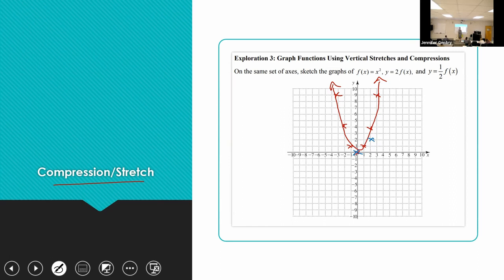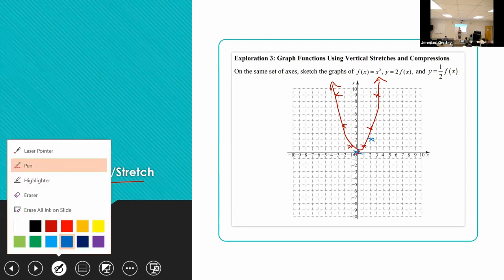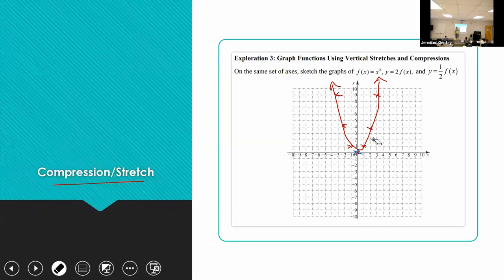You see the difference? It squished it. Did I do that backwards?